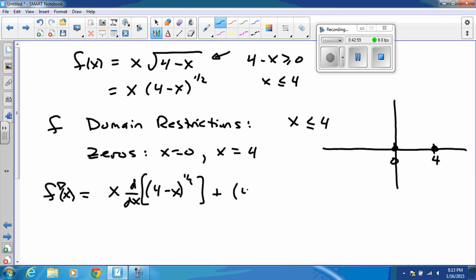Now I go about the business of finding f prime. And the reason this is a more advanced example is that f prime is a little bit more difficult than in the previous example.